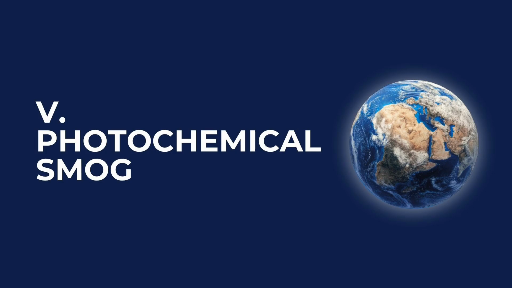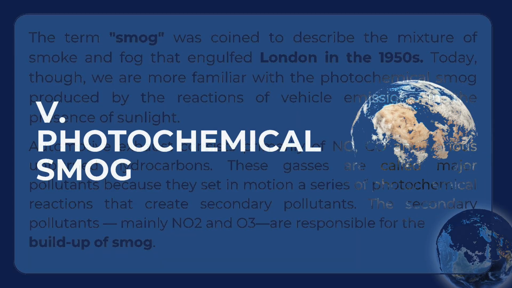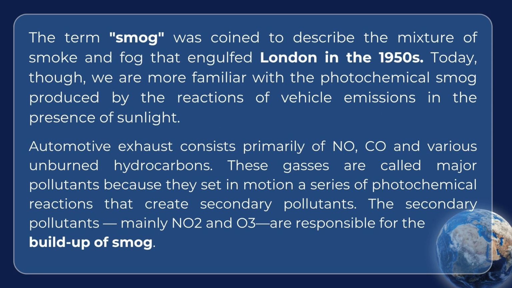First, identify muna natin kung anong photochemical smog. The term smog was coined to describe the mixture of smoke and fog that engulfed London in the 1950s. Today, though, we are more familiar with the photochemical smog produced by the reaction of vehicle emissions in the presence of sunlight or araw. So, ang photochemical smog daw ay napoproduce galing sa reaction ng usok and sa araw.